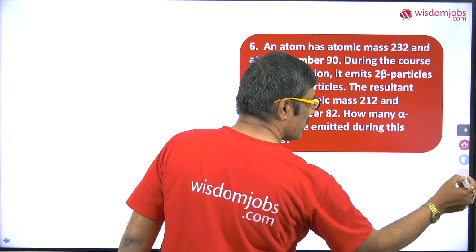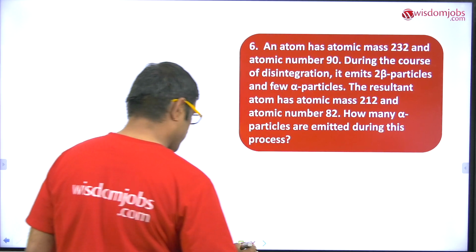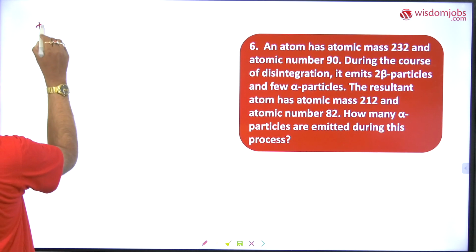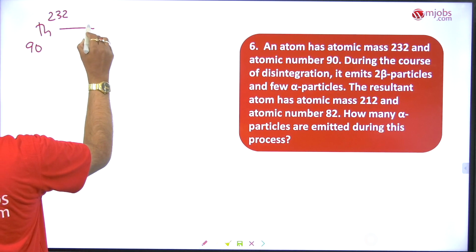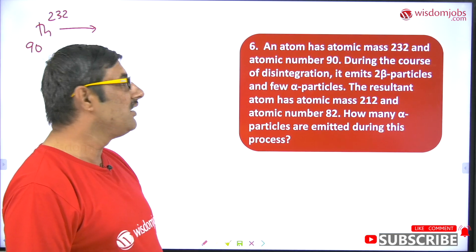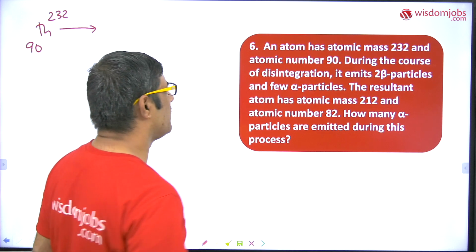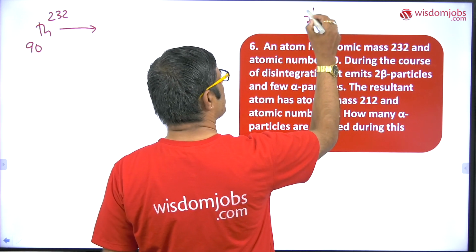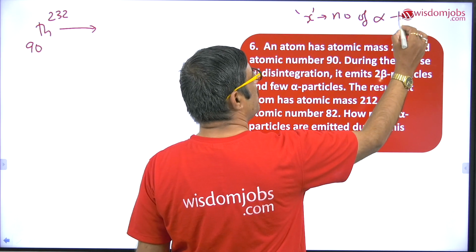So Th 90 232 is the representation of thorium. Th 90 232 disintegrates, and during the course of disintegration it emits 2 beta particles and a few alpha particles. So let me take the number of alpha particles as x.